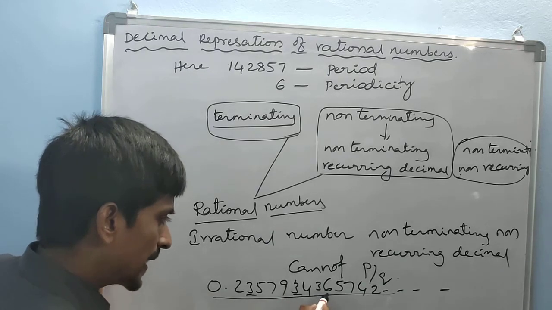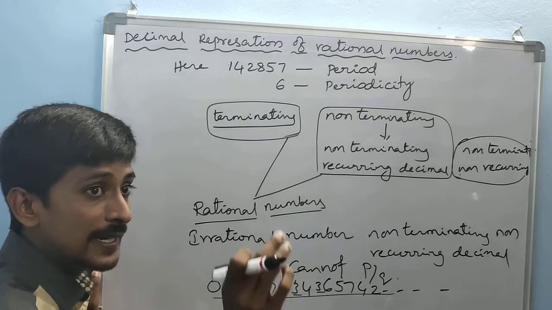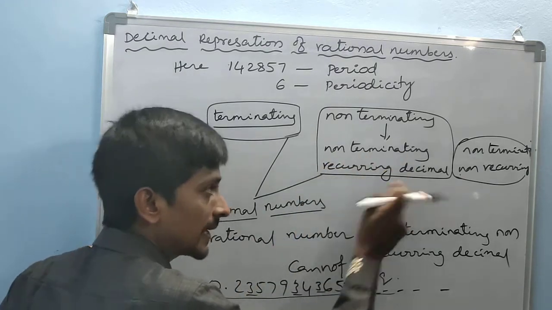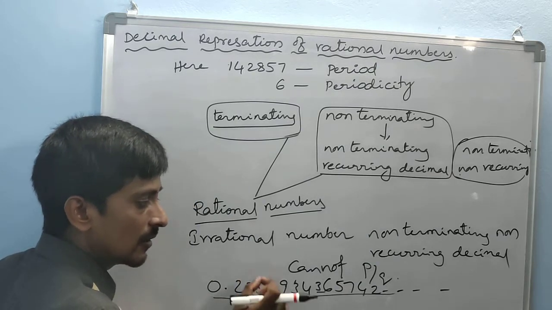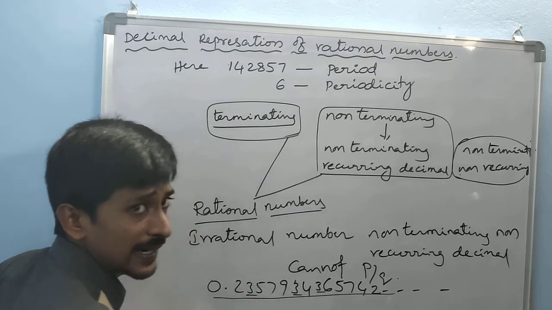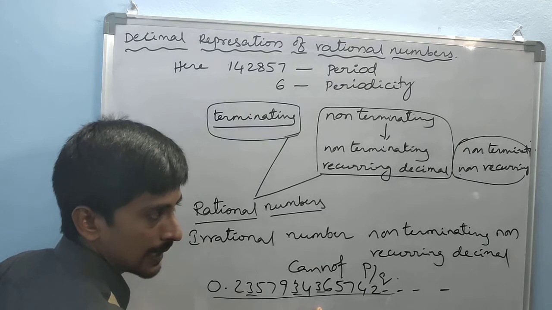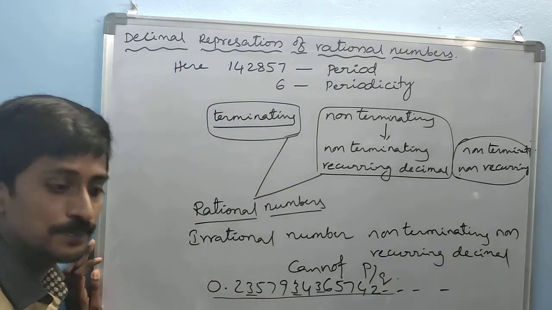If some digits are repeating again and again, those numbers are called non-terminating recurring decimals. Here no particular digits are repeating, so such numbers are called non-terminating non-recurring decimals.